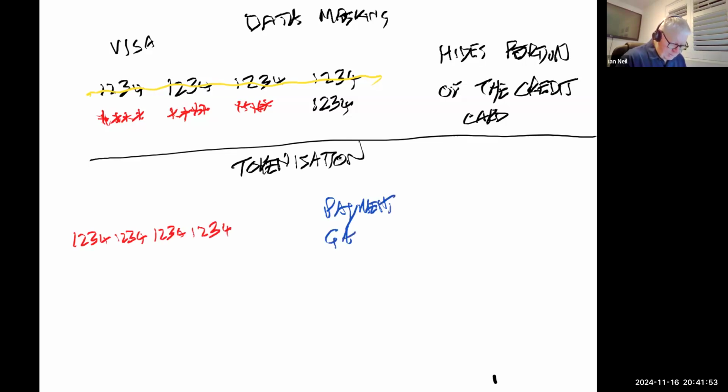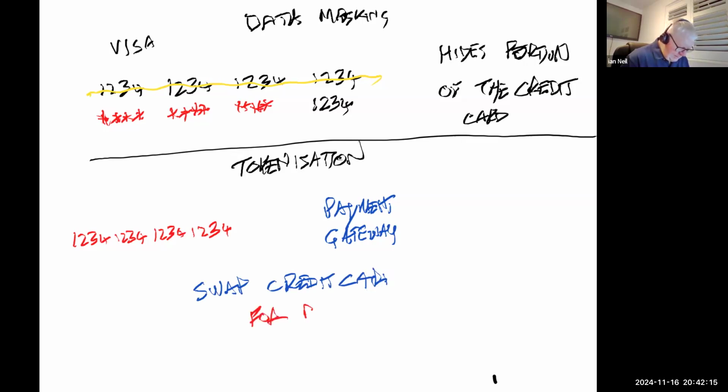Now, this could be Barclays. It could be somebody that does direct debits. And I'm going to swap the credit card for a B9 token.